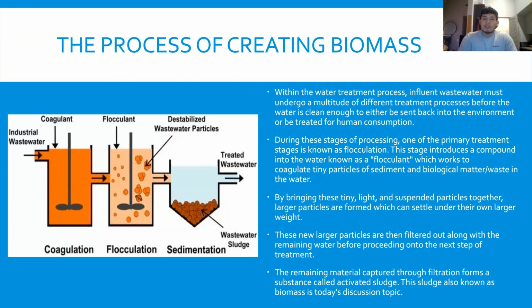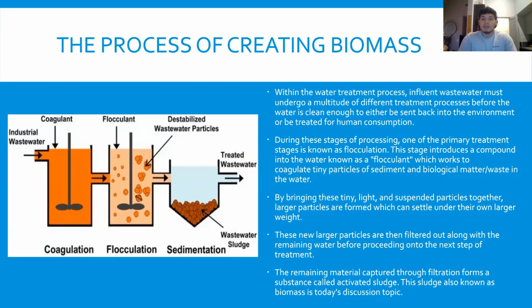Well, within the water treatment process, influent wastewater must undergo a multitude of different treatment processes before the water is clean enough to either be sent back into the environment or to be treated further for human consumption. During these stages of processing, one of the primary and preliminary treatment stages is known as flocculation.